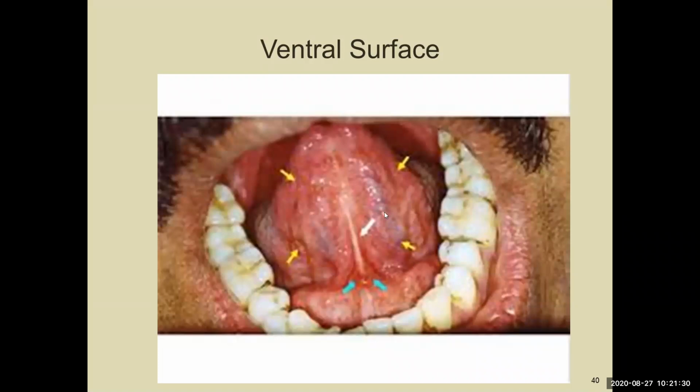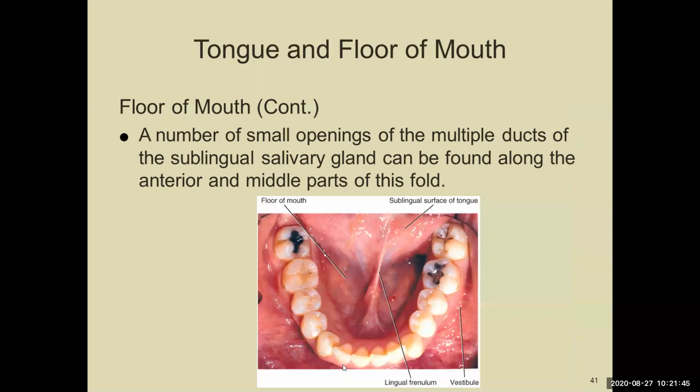Here you can see a little vein, which is like a varicosity. You might be able to see the foliate papilla on the sides. And then we're going to be talking about plica fimbriata as well. This is another picture, which is a little clearer. A number of small openings of the multiple ducts of the sublingual salivary gland can be found along the sides and middle parts of the fold.